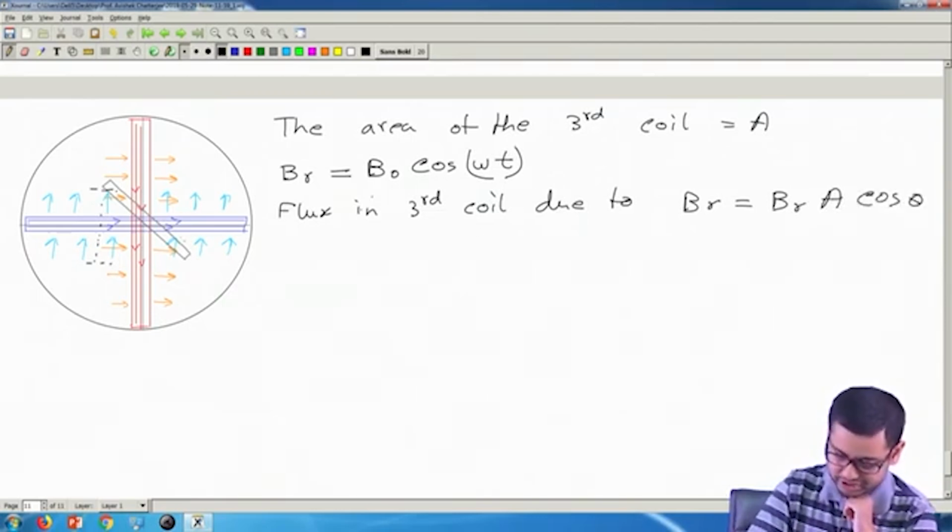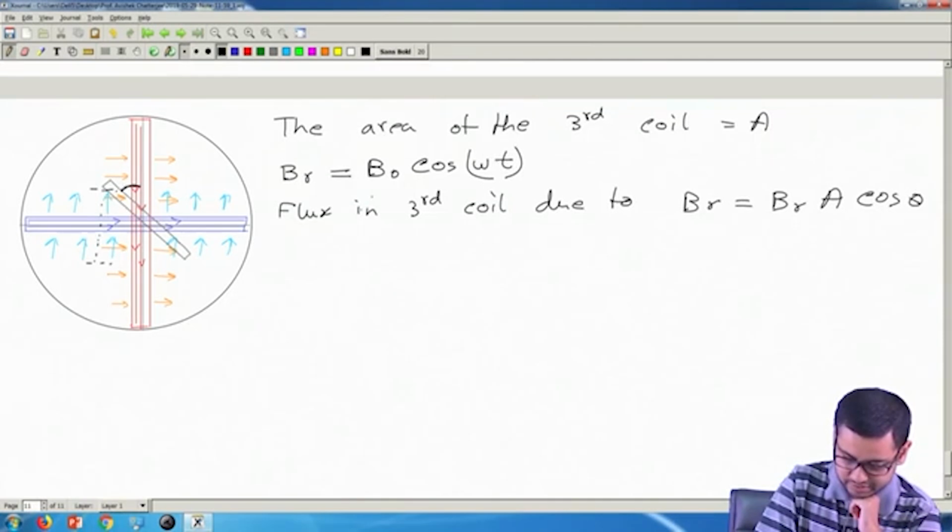A is the cross sectional area, right? If the angle is theta, okay. Let me measure this angle from here, from this point.